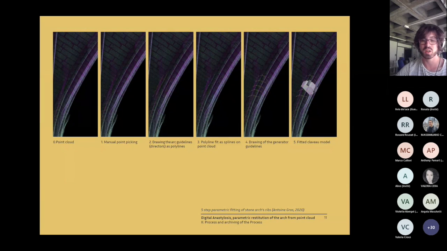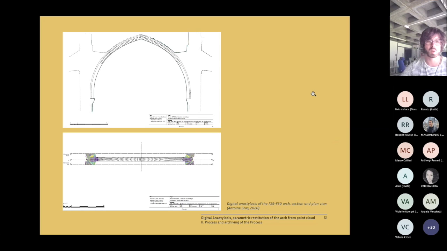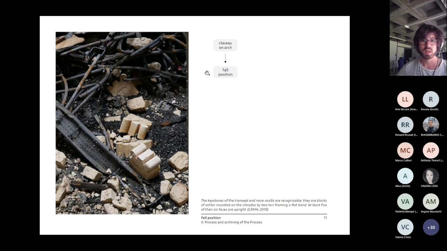So each line, each curve is then fitted to get not an ideal representation of the claveau, but one which is closest to reality. Using this kind of automatic digital anastylosis, parametric restitution, we can thus produce the section and plan view and continue analysis for this piece of architecture.